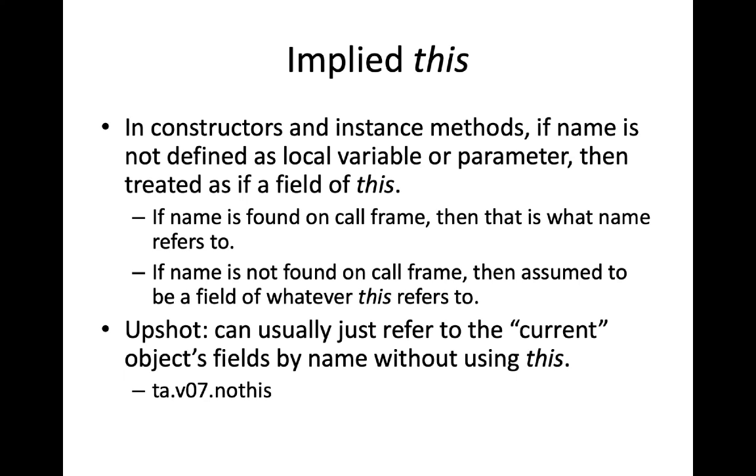So if there's a field that I can access through the this pointer that has that name, that's what I'll understand that name to be referring to. So as long as there's not a local variable name or a parameter name that happens to have the same name as the field names of the current object, you can use the field names of the current object as if they were local variables. You just use their names without having to say this dot and then field name. So this is often implied.